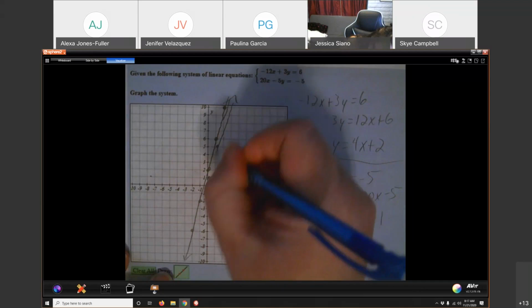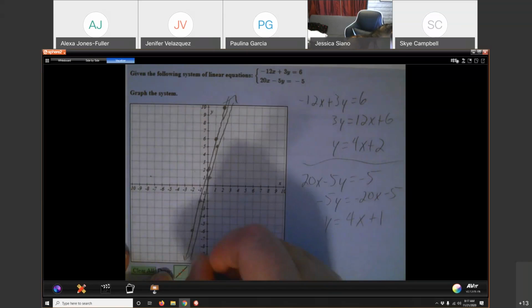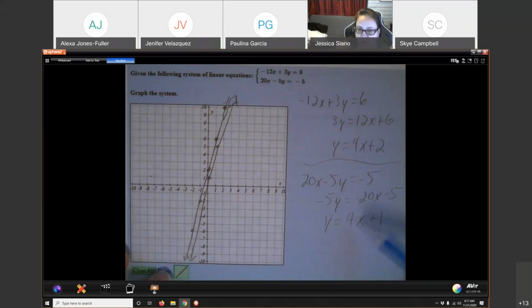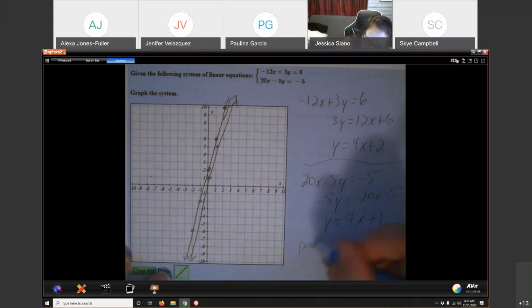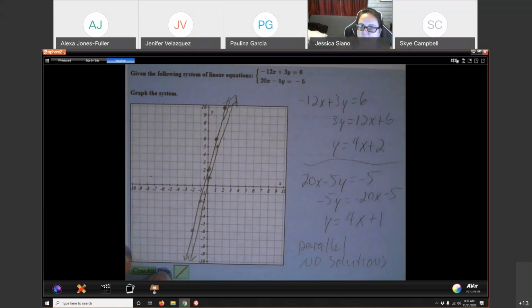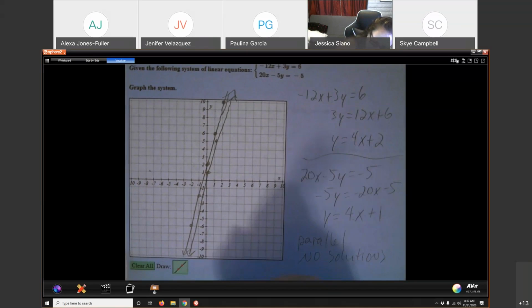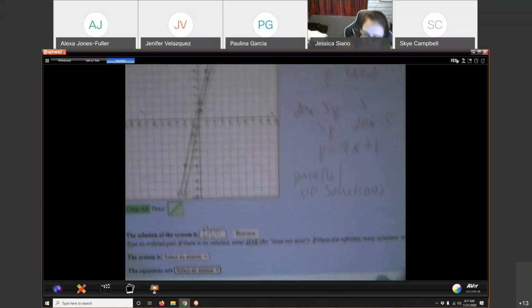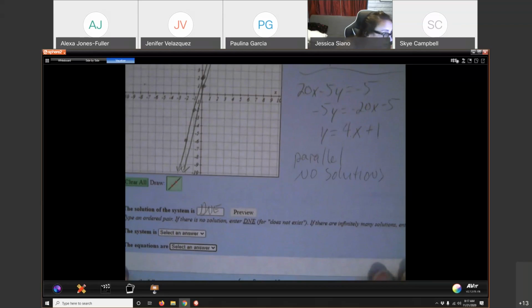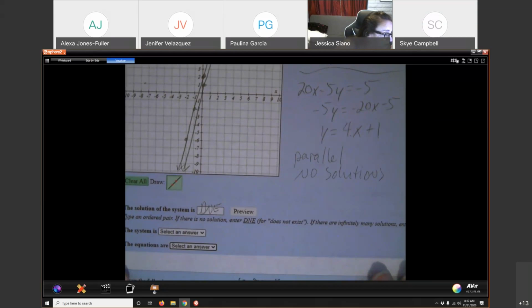So these lines are really, really close together, but see how they have the same slope, but different y-intercepts? 2 lines that have the same slope are parallel. Parallel lines means you have no solutions. So D and E. And then we said, so inconsistent, independent.